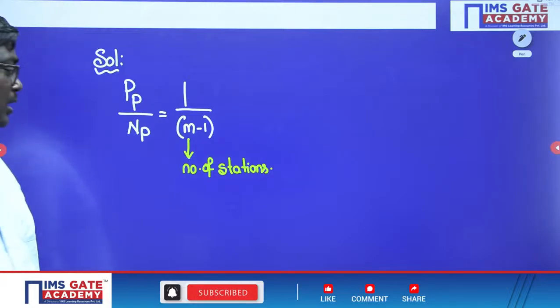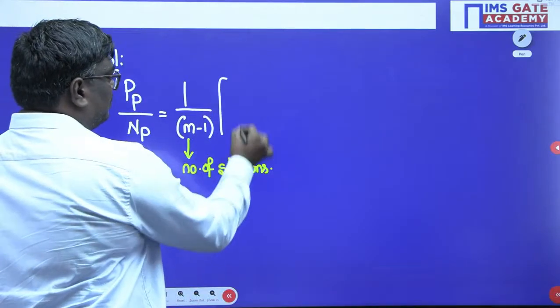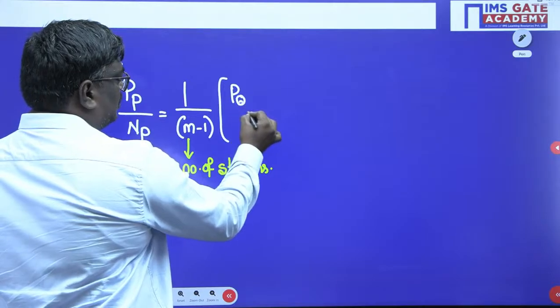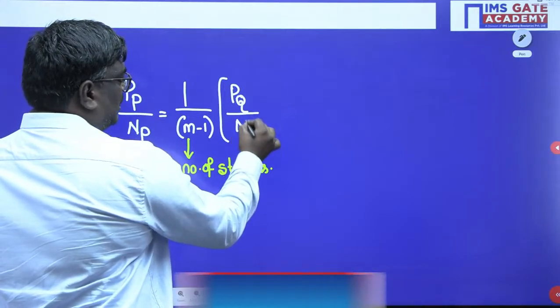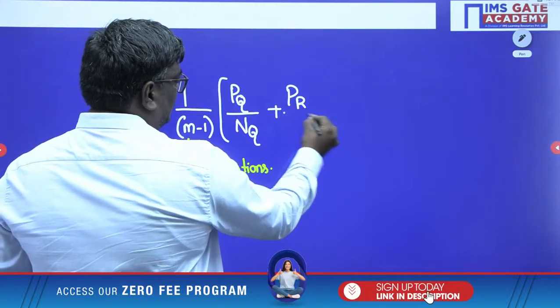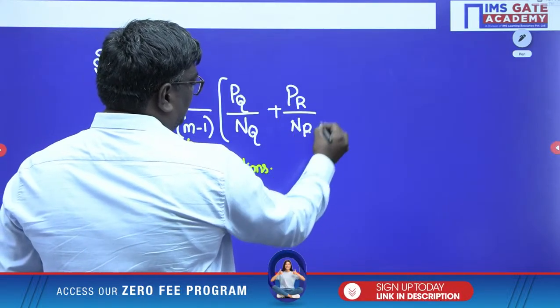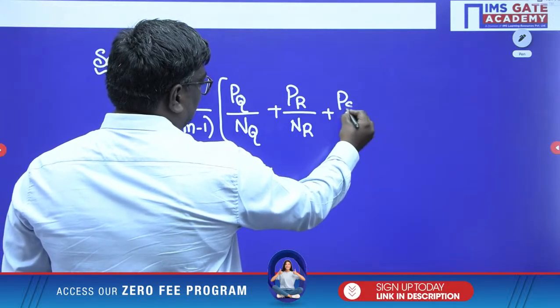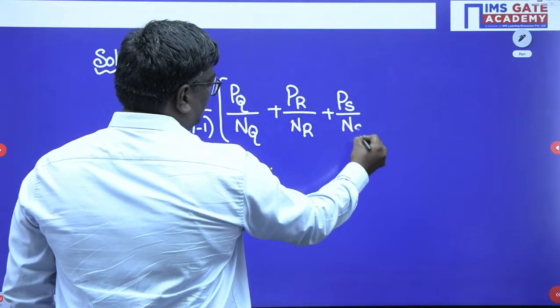So, here they can give you precipitation of Q upon normal annual precipitation of Q, plus precipitation of R upon normal annual precipitation of R, plus precipitation of S upon normal annual precipitation of S.